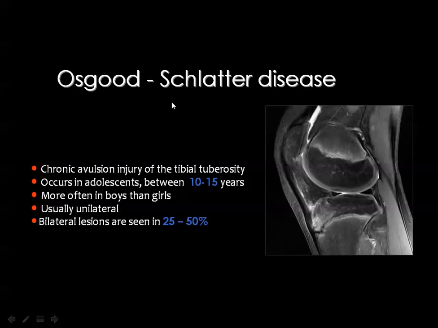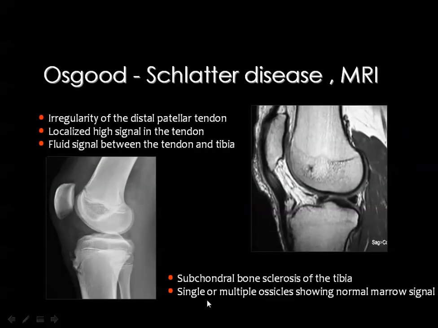You know that this disease is usually unilateral, but bilateral lesions can occur in 25 up to 50% of cases. These lesions are more common in boys than girls, and the most likely age is around 10 to 15 years old. Then later MRI will show some changes seen in the plain X-ray.